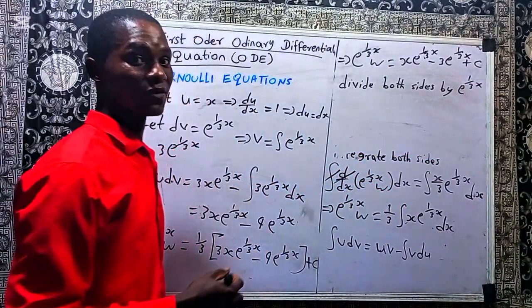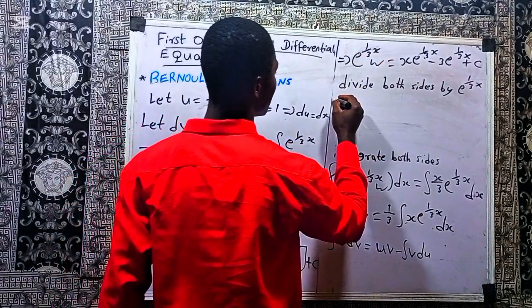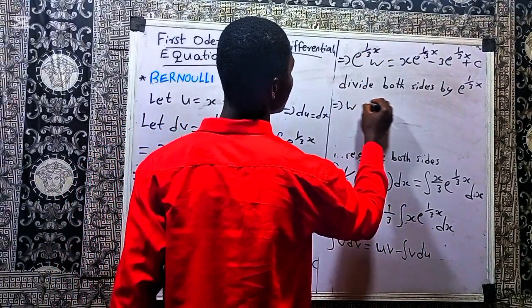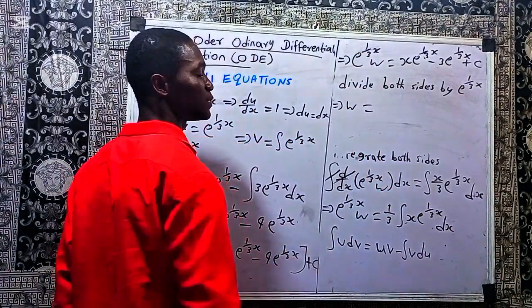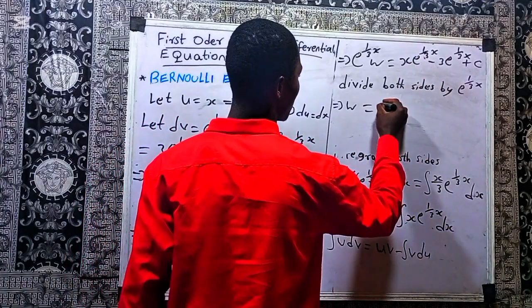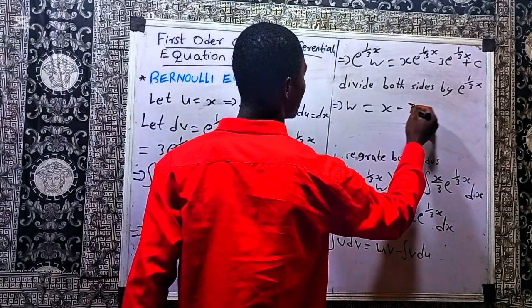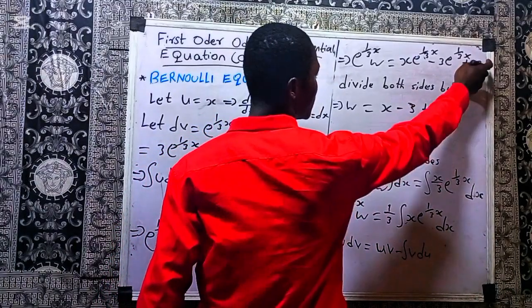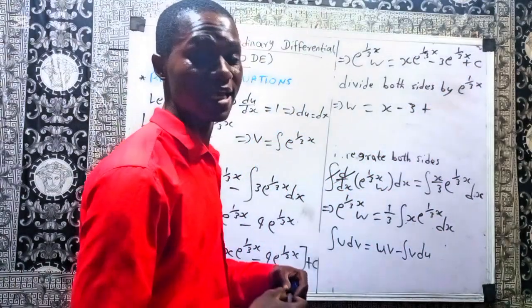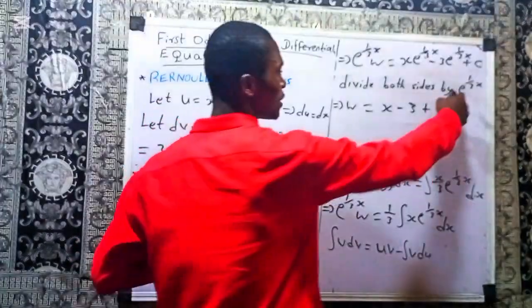So if you divide both sides by exponential 1 over 3x, this implies that W will be equal to, because if you divide this by exponential 1 over 3x, you get W. Divide this by exponential 1 over 3x, you have x. Divide this by exponential 1 over 3x, you have negative 3, plus the last one, you divide c by exponential 1 over 3x, because we are dividing everything by exponential 1 over 3x.